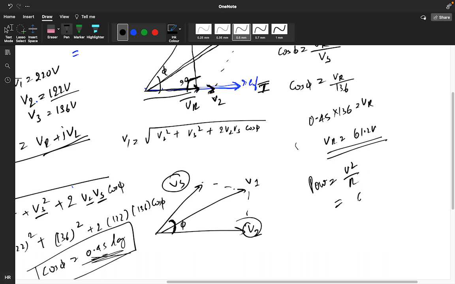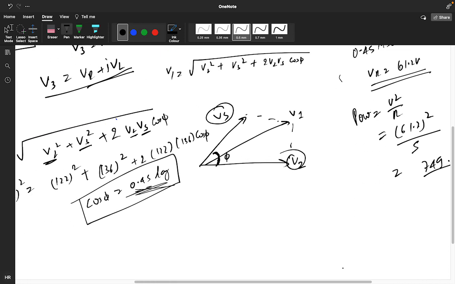So 61.2 whole square divided by resistance value 5 ohm, we will get 749.08 watt. Okay, and this is your one method.